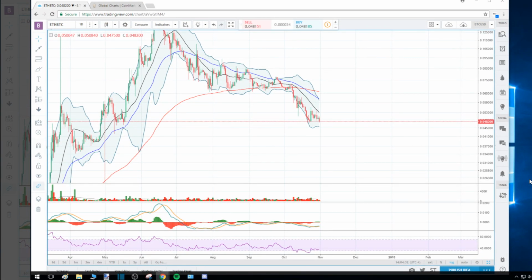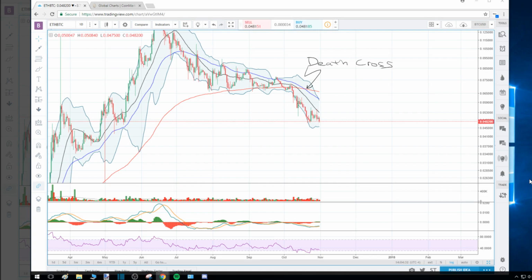If we look here, this sort of price action where the 200 and the 50 EMA cross downward, this right here is called a death cross. And vice versa, when they cross upward, this is called a golden cross, which typically signals the beginning of a bull run or bull market.